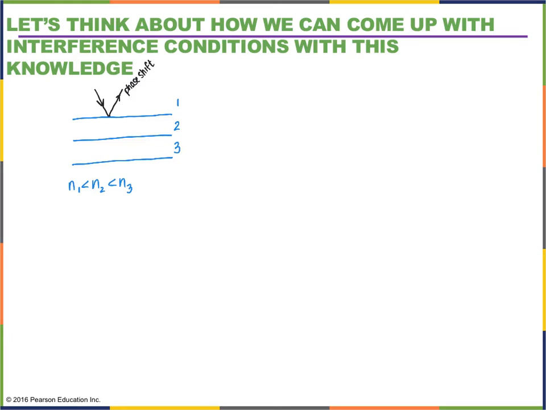However, there's more. Some light continues through into material 2, reflects off the boundary between 2 and 3, and comes out. Now we have to think about what happened when that light ray reflected off of material 3. Did that go through a phase shift? Again, because the index of refraction of 3 was higher than 2, it also underwent a phase shift.